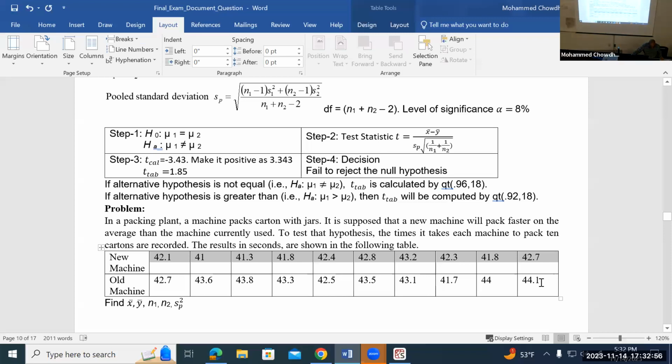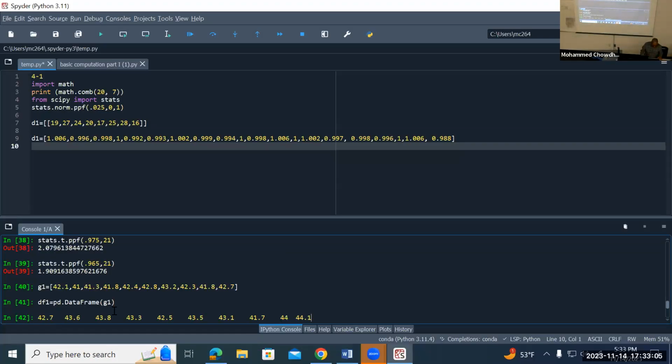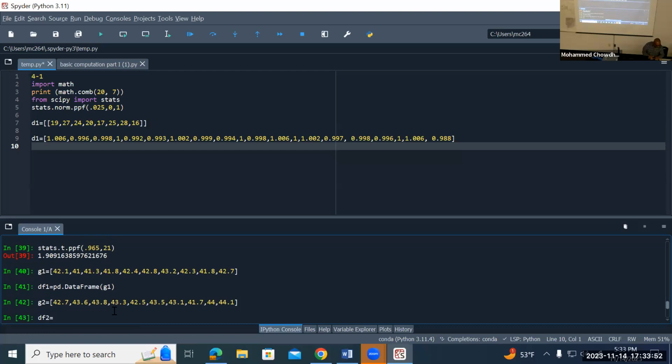And then I have to take this one, copy, and put it in there. Then, pd.DataFrame G2.